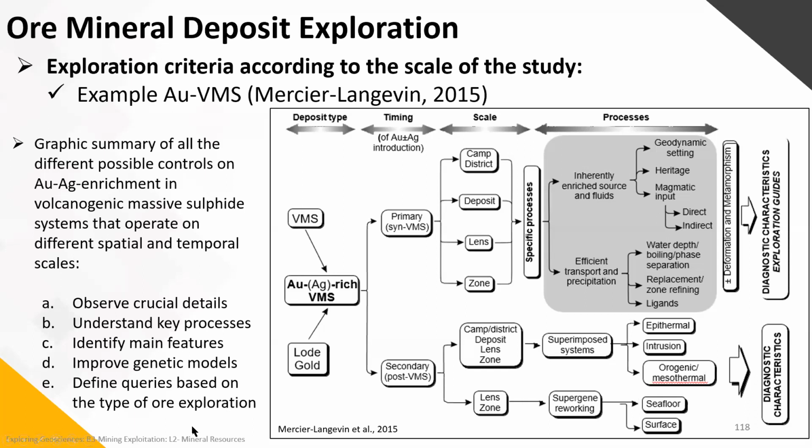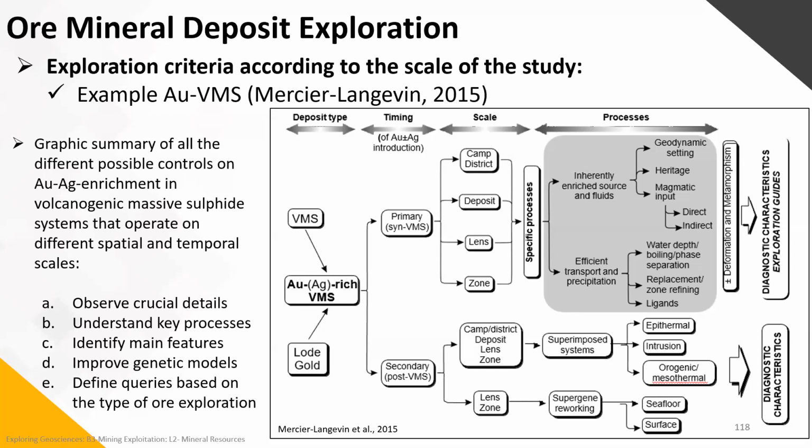This graphic summarizes all the different possible controls on gold and silver enrichment in VMS systems that operate on different spatial and temporal scales, based on all the observations we can have. All the details we can see in the field, we need to understand as key processes.